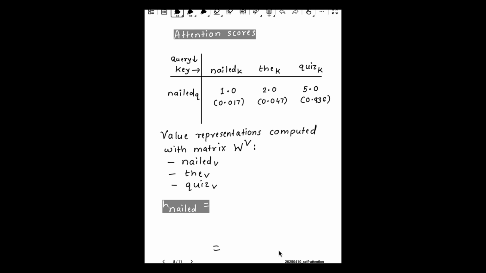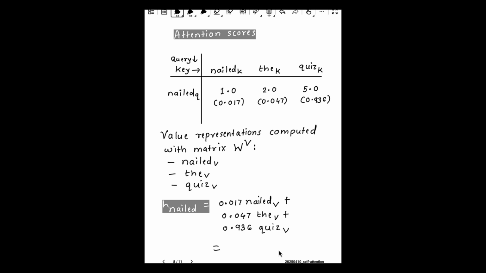So this H nailed, which is contextual representation of nailed, is going to be 0.017 times this value representation of nailed plus 0.047 times this value representation of the plus 0.936 times this value representation of quiz.